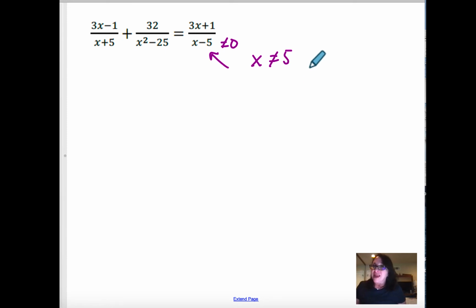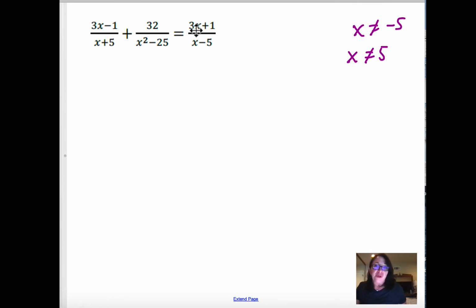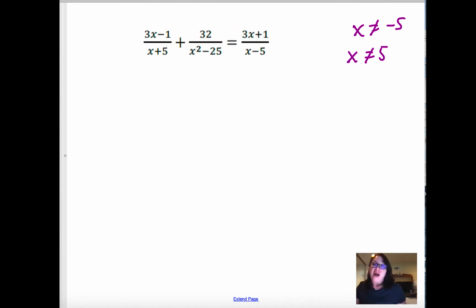So we know x can't be 5. If I set this one equal to 0, I also know x plus 5 equals 0, so x can also not equal negative 5. So when it's all said and done, after I finish this problem, I need to remember that I have two restrictions, two values that aren't going to work. Okay, so you need to remember that.